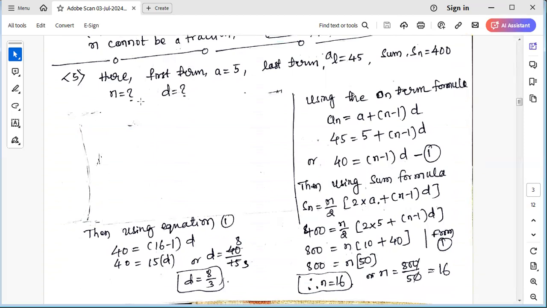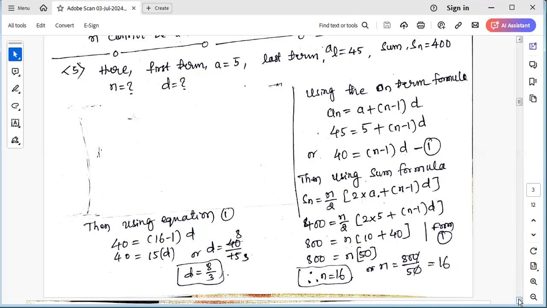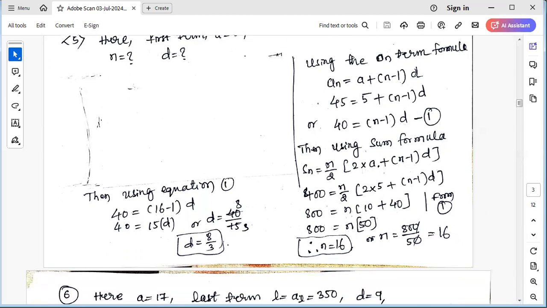So here, given that the first term, that is a, is equal to 5. Last term, that is al, you have to take as 45. And sum, Sn is equal to 400. We have to determine n and d. Next, using the nth term formula, an is equal to a plus n minus 1 into d.